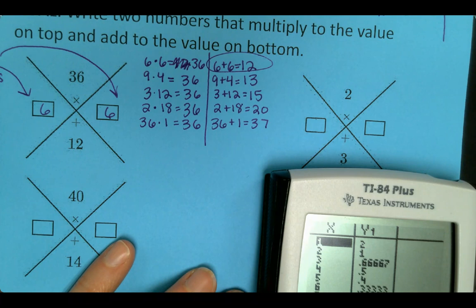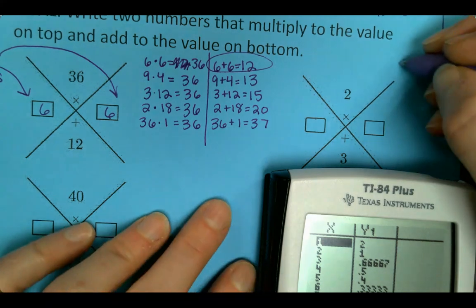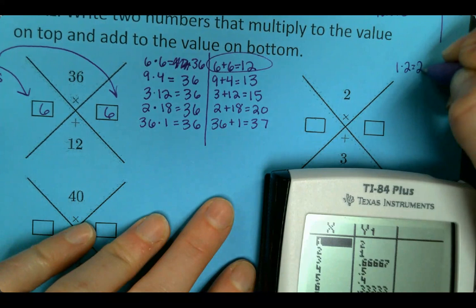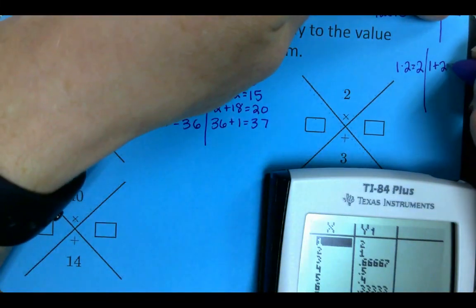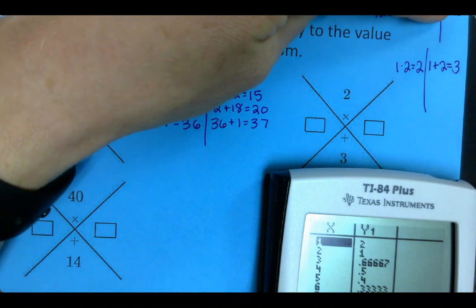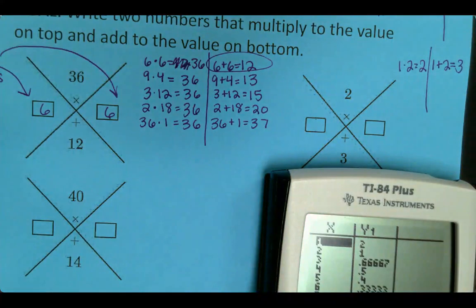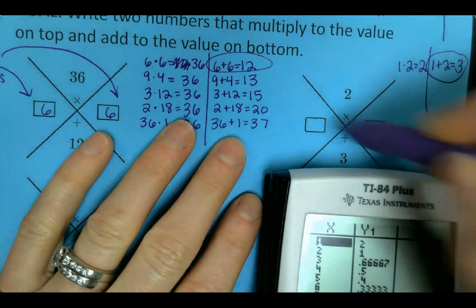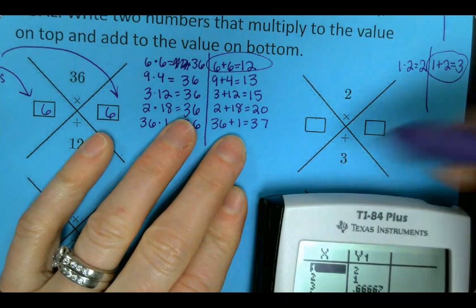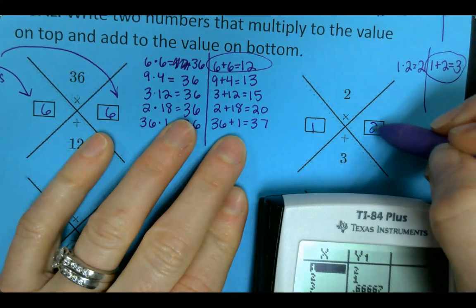So all the factors, just whole numbers. We have 1, 2, and 2, 1. Aren't those the same? Yeah. So 1 times 2 is 2, and 1 plus 2 is 3. And that's what we want. So our magic numbers are 1 and 2.